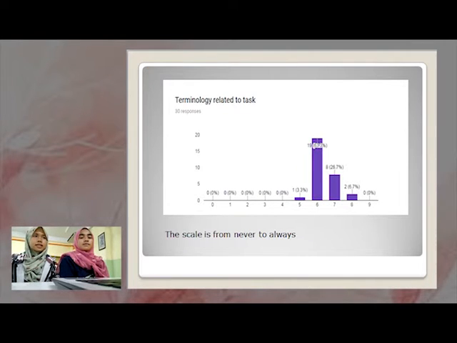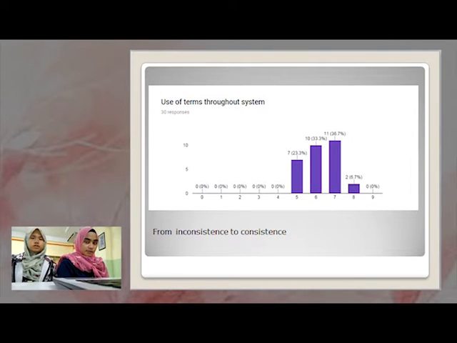Okay, for the next, terminology related to task. The scale is from never to always. The majority of the respondents put the scale on 6. That means the terminology is almost always related to the task. Next is use of terms throughout the system.